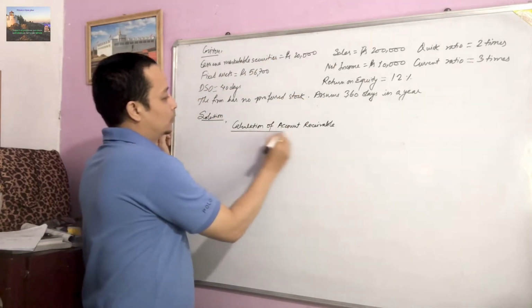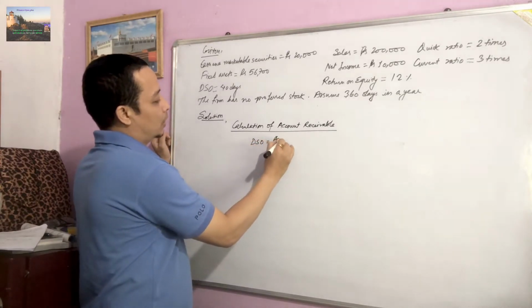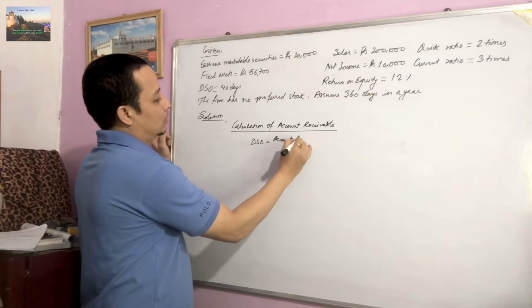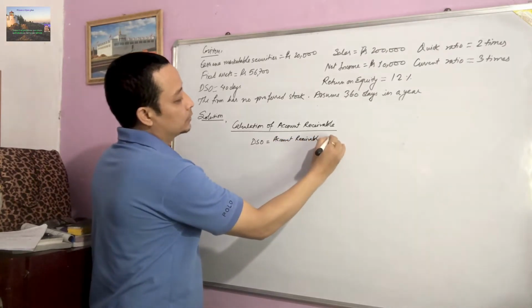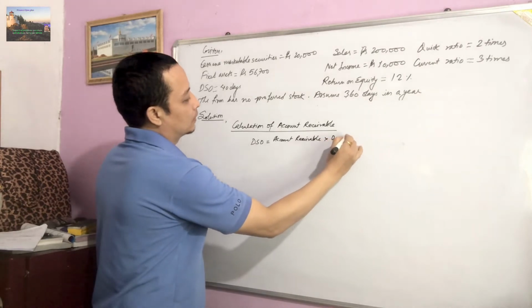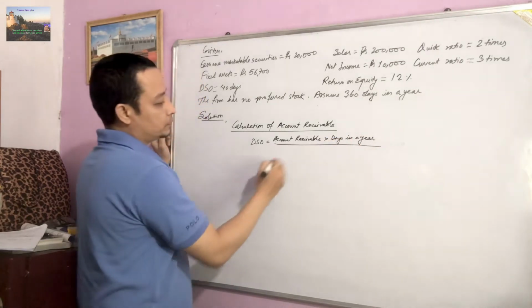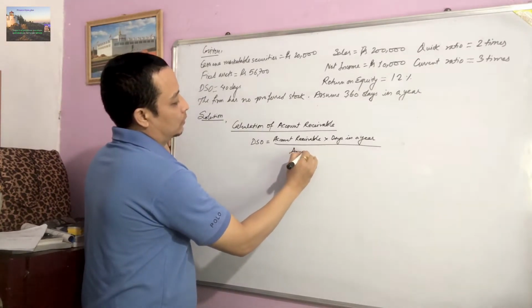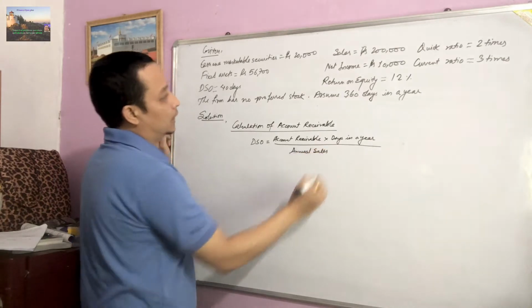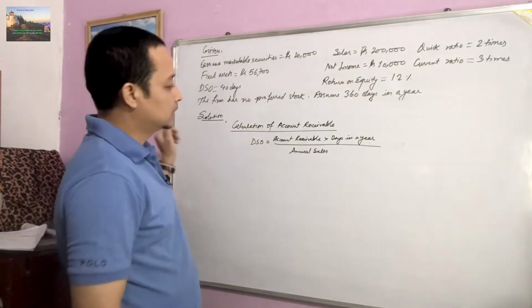So now using the formula, days sales outstanding equal to account receivable into days in a year divided by annual sales. Here sales is considered as annual credit sales, so annual sales is here.